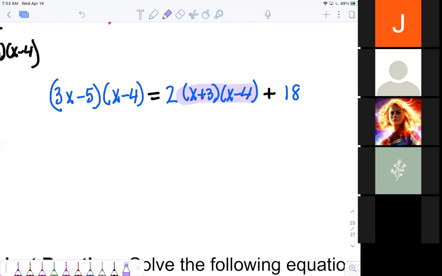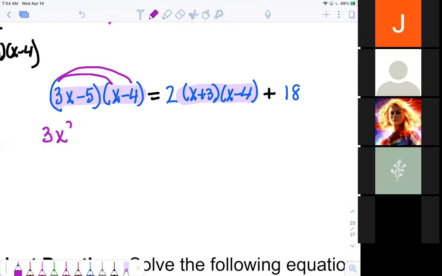What else are you going to have to do, Gabby? Would you have to multiply the left side together? We're going to have to do both of those. Yeah, so we're going to have to do a lot of multiplying here. So multiply the left side together using a little FOIL. So this, as I said, this chapter kind of pulls together all of that algebra that we have been working on, and all of the concepts that we have been doing get kind of pulled together in this chapter.